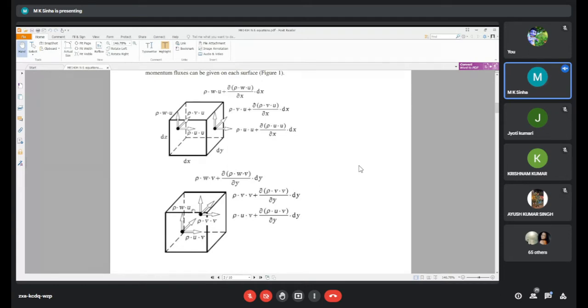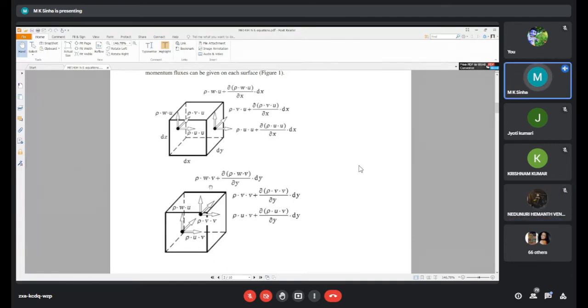In the second figure, the upward term rho w u is written. This is wrong. This is rho w v, because we are discussing momentum along the y-axis. So the velocity component along the y-axis is v. So the last product is always v: rho v v, rho w v. Note that it is not u.